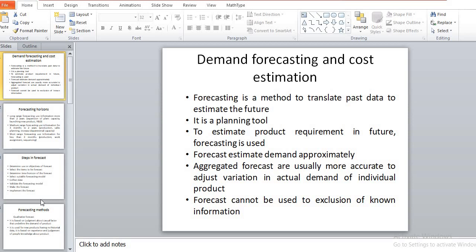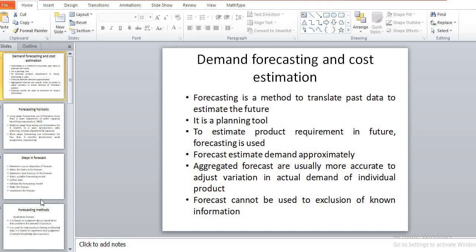Forecasting generally uses past data to estimate the future consumption of a particular product by customers, or not only products, it can also be used for services. It uses past data to decide how much quantity consumers will consume, translating past data to estimate the future.